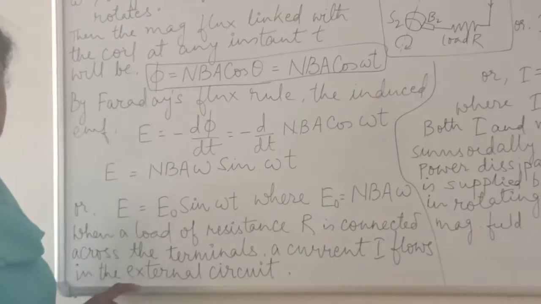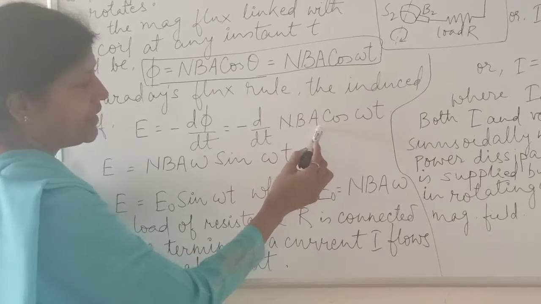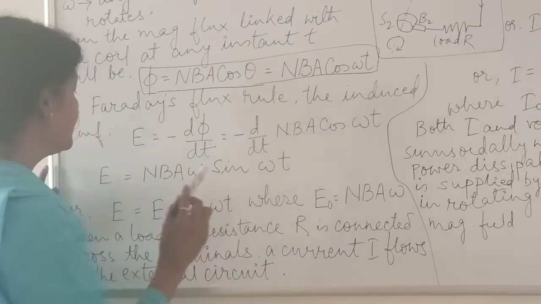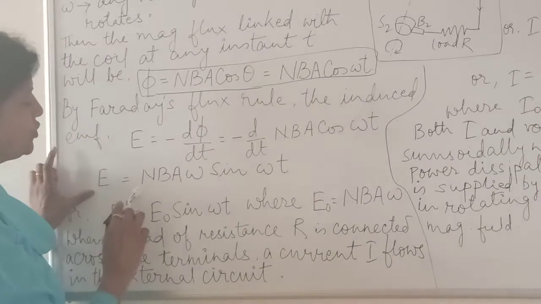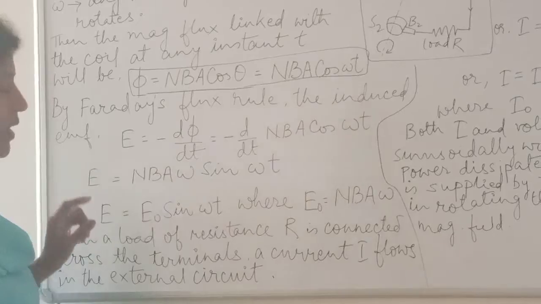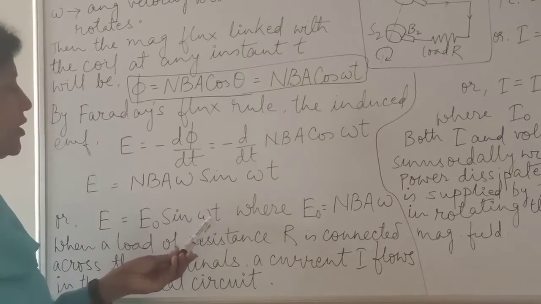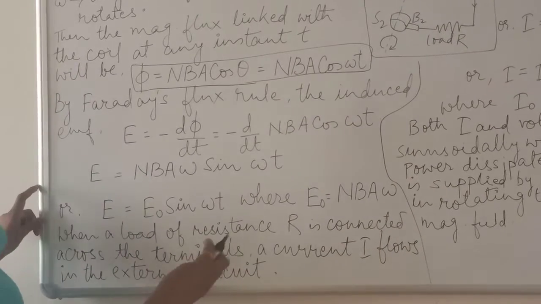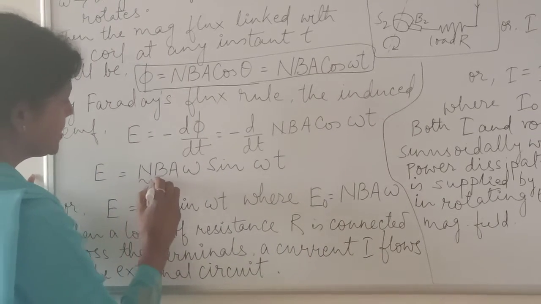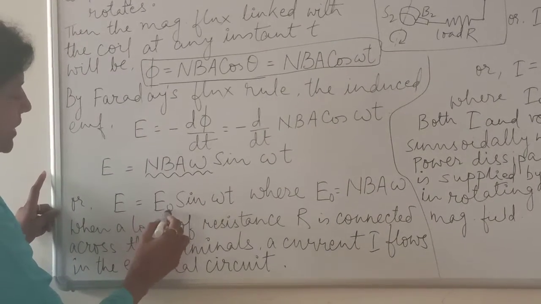After differentiation, N, B and A are constant quantities, so differentiating cos omega t, we get E is equal to NBA omega sin omega t, or E is equal to E naught sin omega t, where E naught is equal to NBA omega.